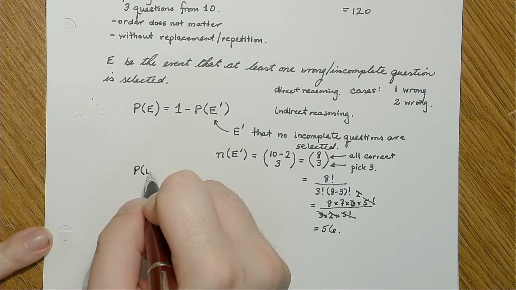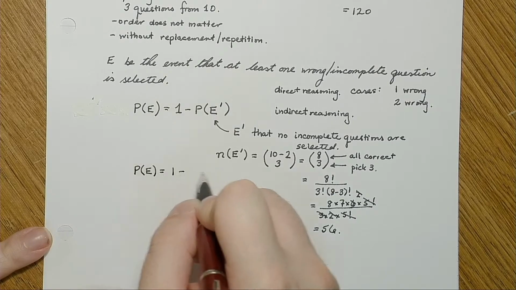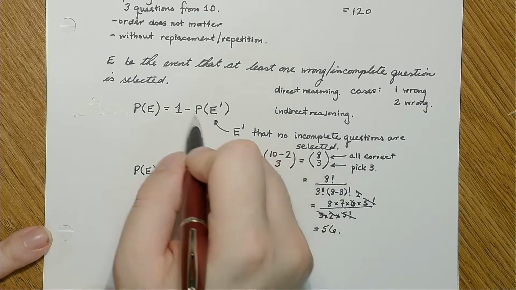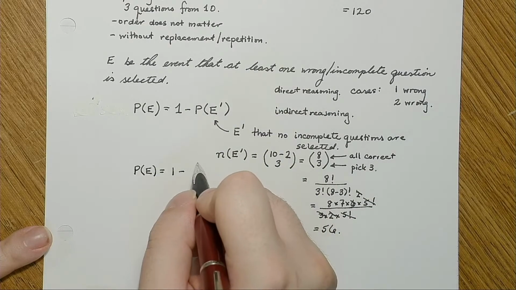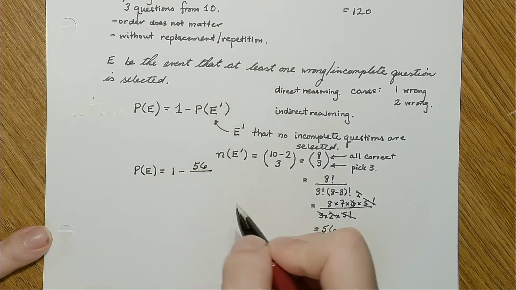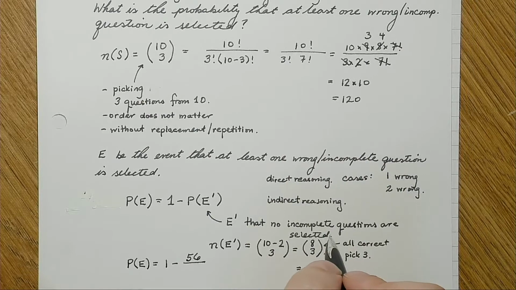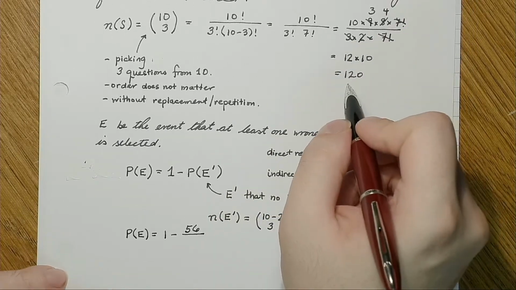So then the probability of E complement would be 56 over the total number of cases, which is 120.